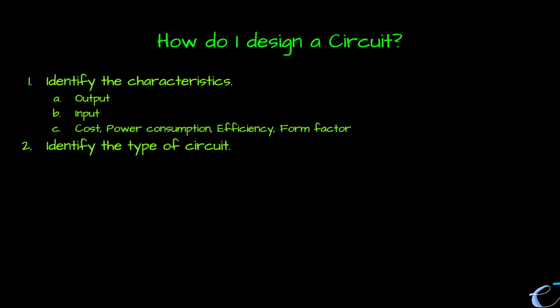Once you have identified the characteristics of the circuit, you need to document all of this, right? Because it's very easy to forget something while you're looking for components and stuff. So once you've documented all this, then you need to identify the type of circuit that will help you achieve this goal. Normally, the problem that you're trying to solve, somebody would have already studied and solved it in the past, and you might just have to look up the internet, textbooks, or documents.